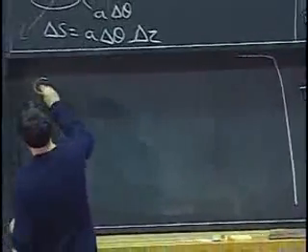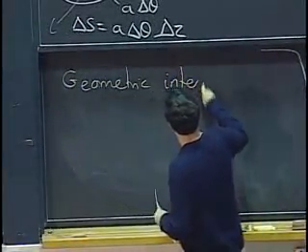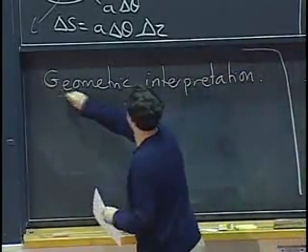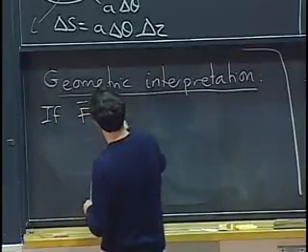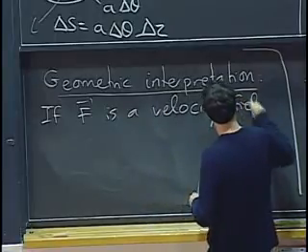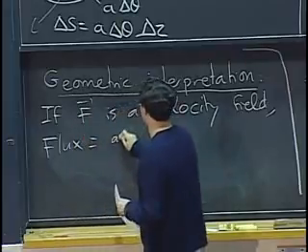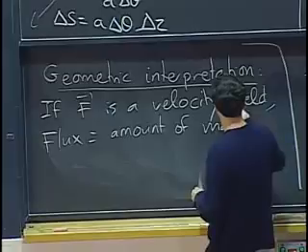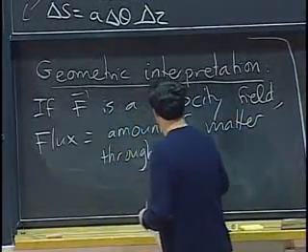Okay, what about the geometric interpretation and how to prove it? Well, if your vector field F is a velocity field, then the flux is the amount of matter that crosses the surface, that passes through S per unit time.